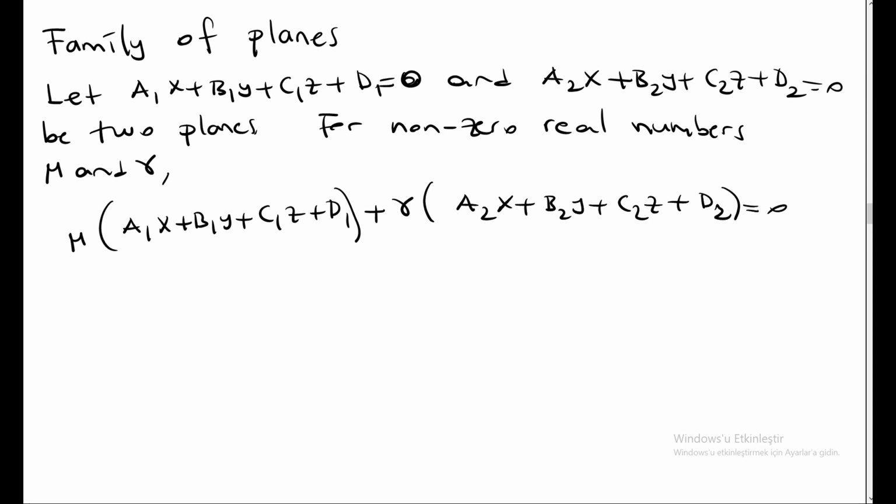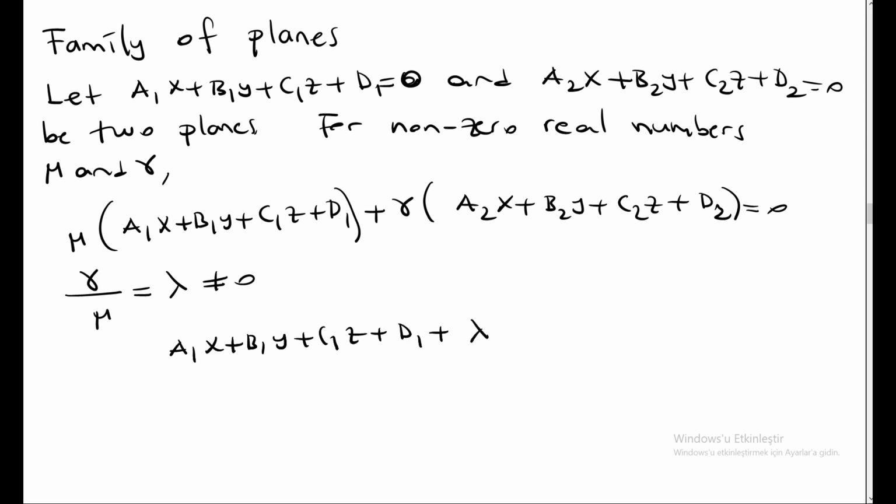Or you can write this one, sigma over mu, because it is not 0. Let's say lambda also is not 0. Then you can write A1 x plus B1 y plus C1 z plus D1 plus lambda times (A2 x plus B2 y plus C2 z plus D2) equals 0.